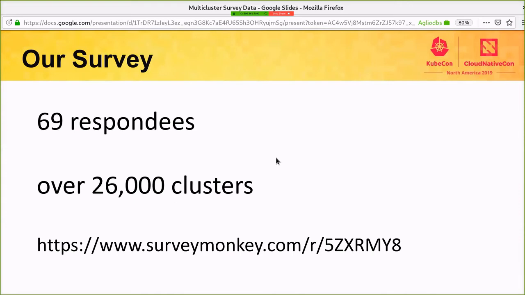However, in terms of at least capturing the high end of people running a lot of clusters, we seem to have done pretty well. In this pool of respondees, there are over 26,000 clusters under management. Although admittedly, 24,000 of those belong to 2 respondees, which you'll see in a minute.